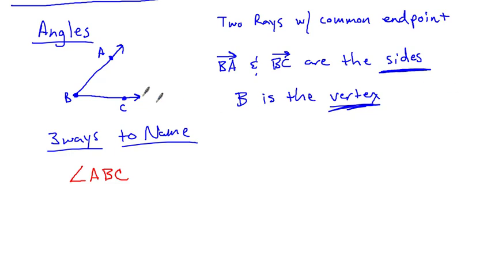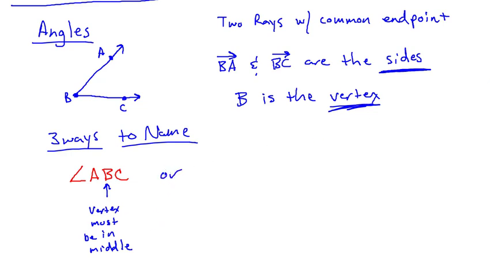Doesn't matter, but we go around the angle. So we start at one point on one of the rays, A. We go to the vertex, B, and then we go to the other ray, C. The only thing that has to be in the right place is the B. This is the vertex. Must be in the middle. Okay, that's the only thing. The vertex has to be in the middle.